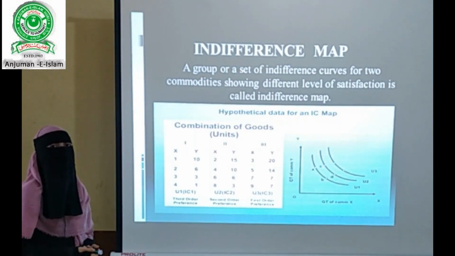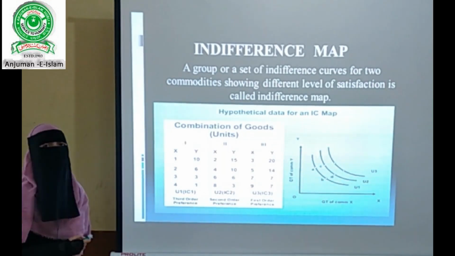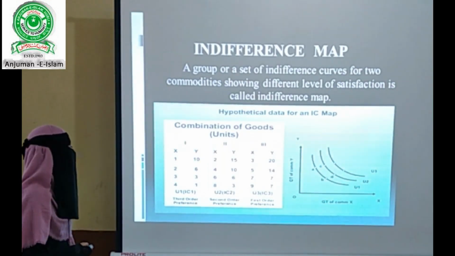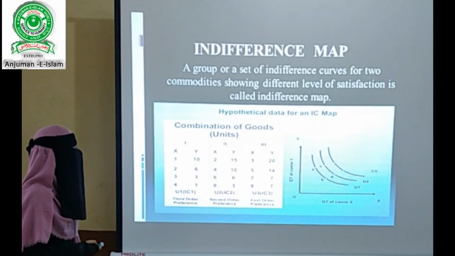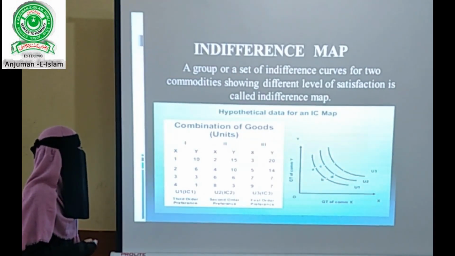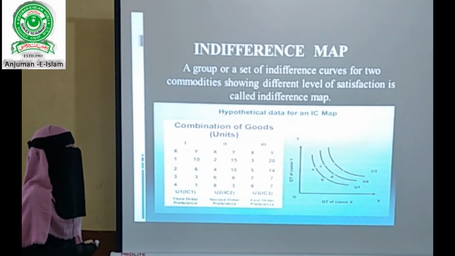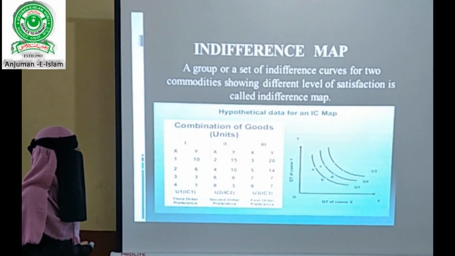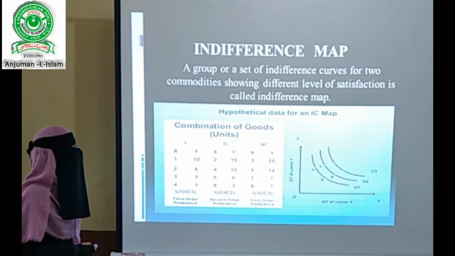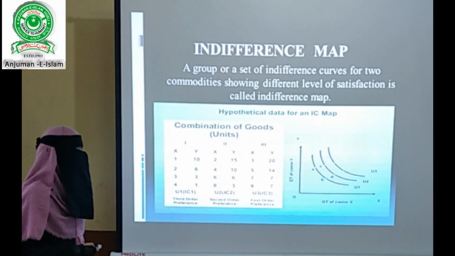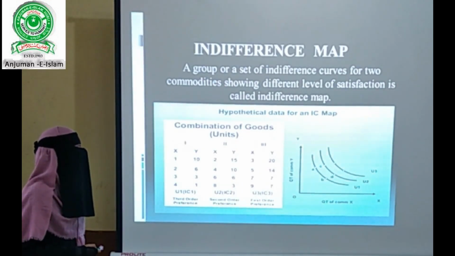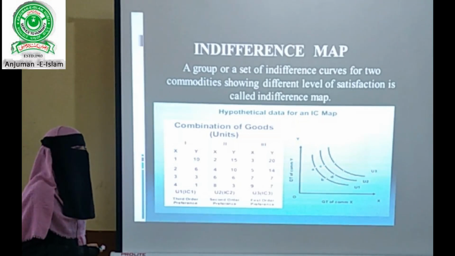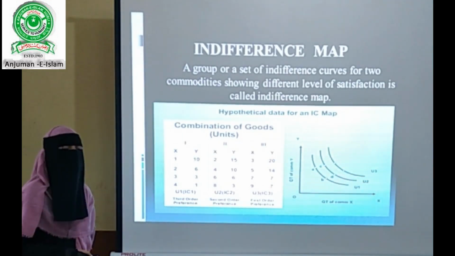The most important thing to remember here is that the first indifference curve gives us 1 unit of X and 10 units of Y, the second indifference curve gives us 2 units of X and 15 units of Y, and the third indifference curve gives us 3 units of X and 20 units of Y.